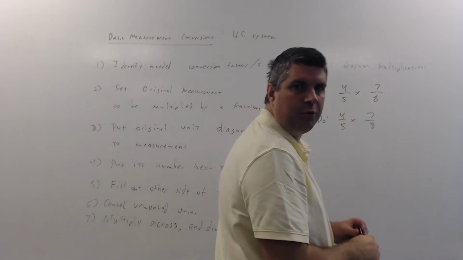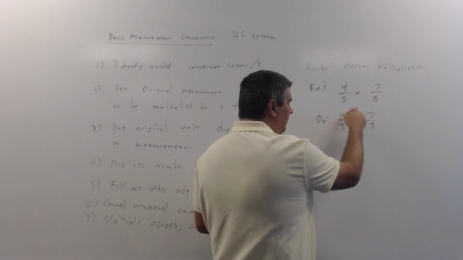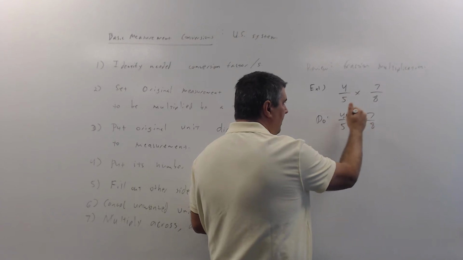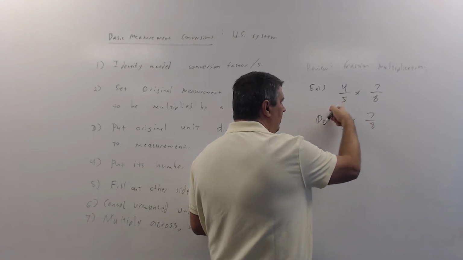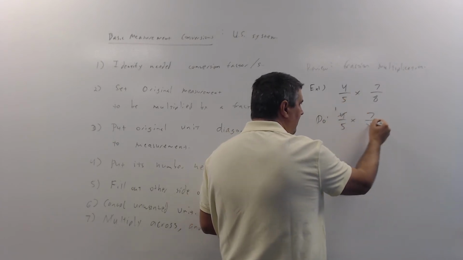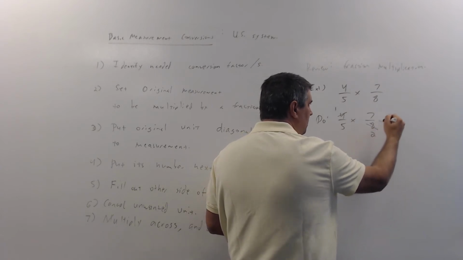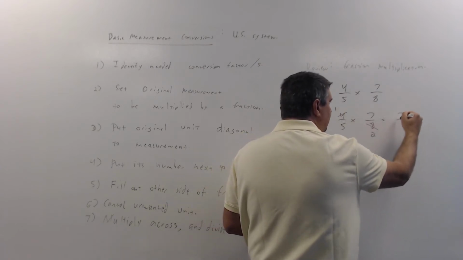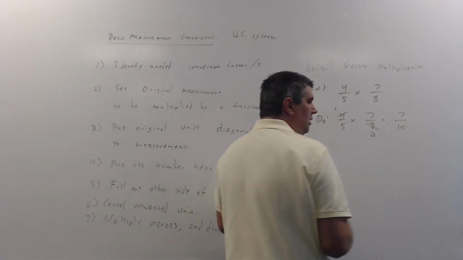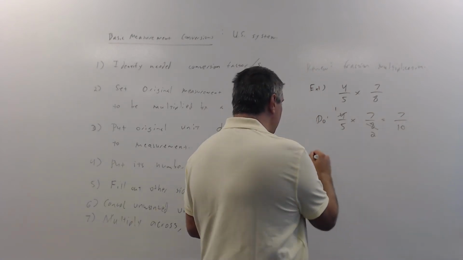Okay, both 4 and 8 are divisible by 4. So 4 divided by 4 is 1. 8 divided by 4 is 2. 1 times 7 is 7. This is 10. Okay?